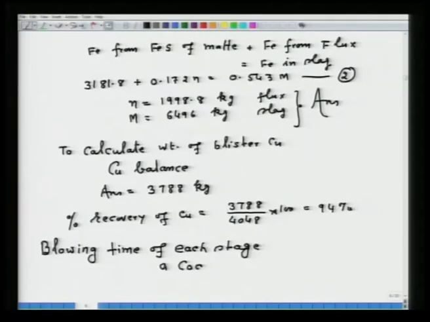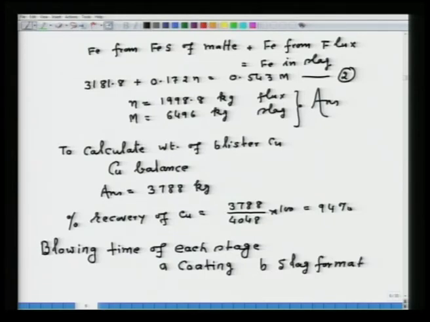So, we have to find out what the blowing time is for each stage, and that is an important thing, because here the first stage consists of coating. Stage A consists of coating, how much time it takes; the second stage consists of slag formation.